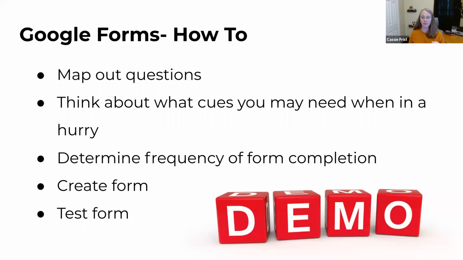He'll get to class on time 4 out of 5 times. Great. But if our answers are 0, 1, 2, 3, 4, 5, in a hurry, you might think, well, I'm supposed to click how many times he got to class on time, or maybe I'm supposed to click how many times he was late. And all it takes is you entering it in once or twice wrong, and your data is going to be all messed up. So when you're in a hurry, how can you create a form that's going to make it easy for you?